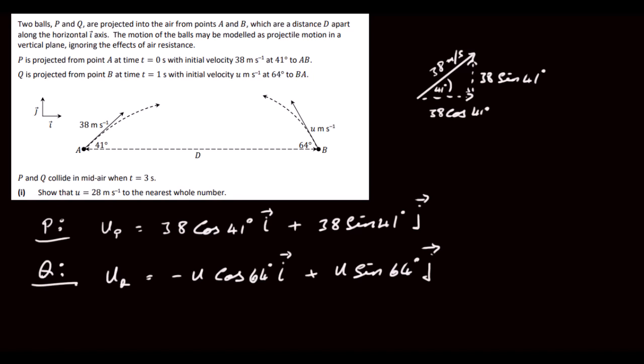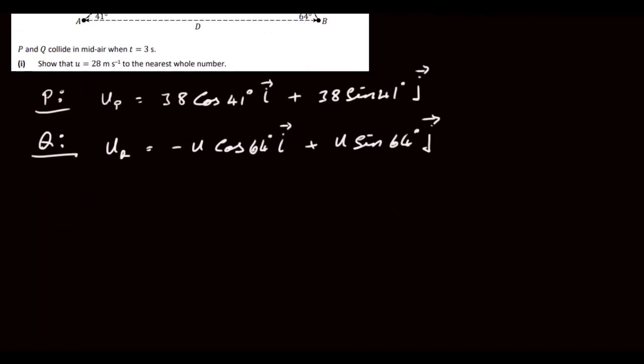When they both collide, they've both traveled the same distance in the y direction, in the J direction. So we're going to calculate the distance that P and Q travel in the J direction when they collide, and equate those two distances. To do that, we're going to use s equals ut plus half at squared, for the J direction only.